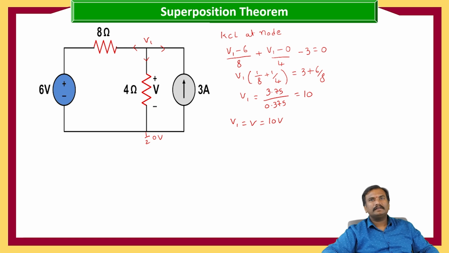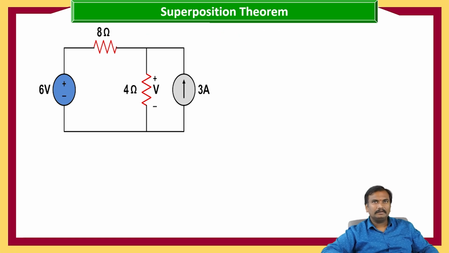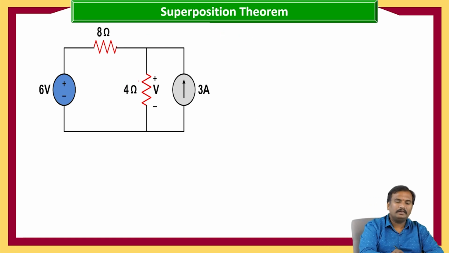Now let us go with the calculation of voltage across 4 ohms with the 6 volt source acting. Here, when only the 6 volt source is acting, the current source will be open circuited.